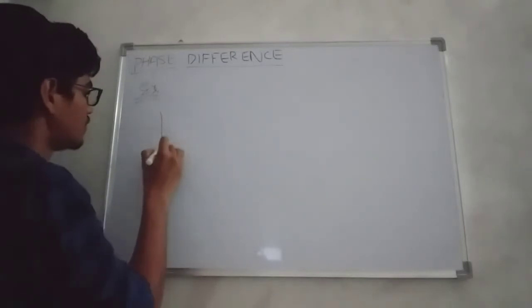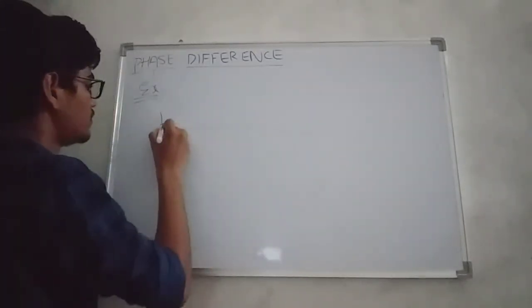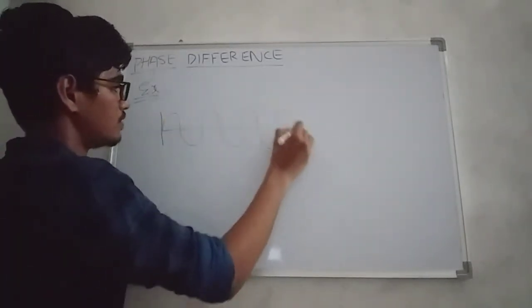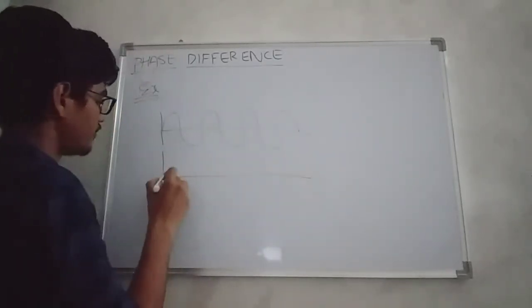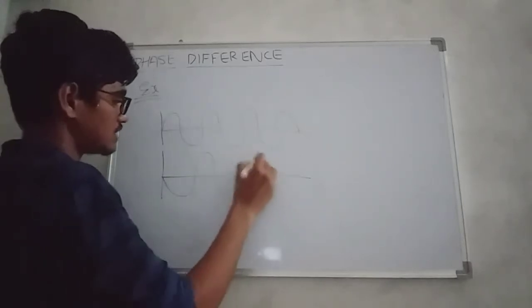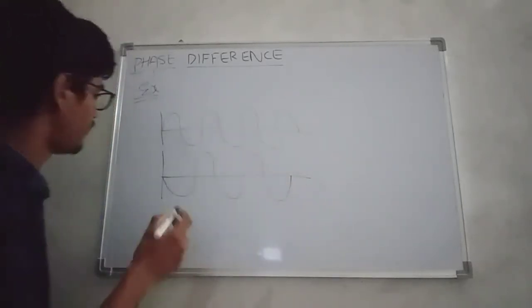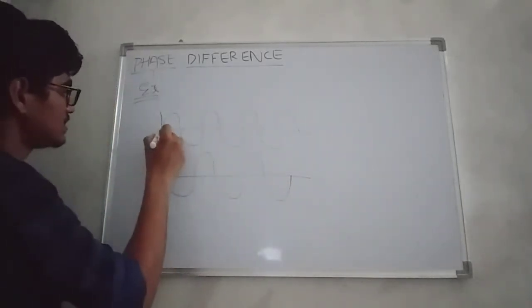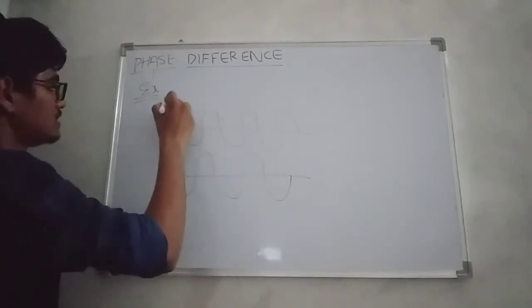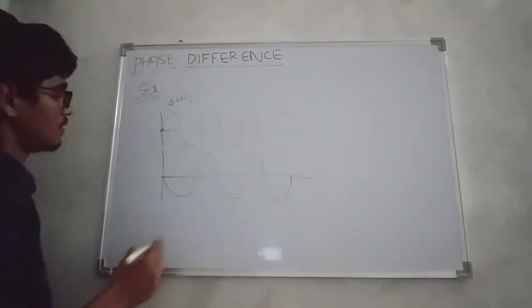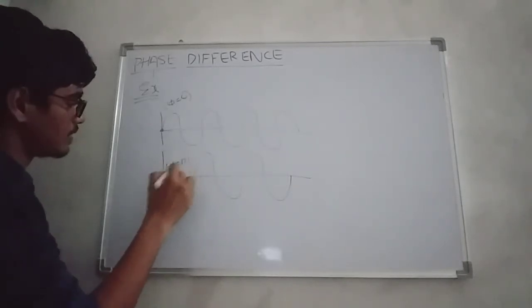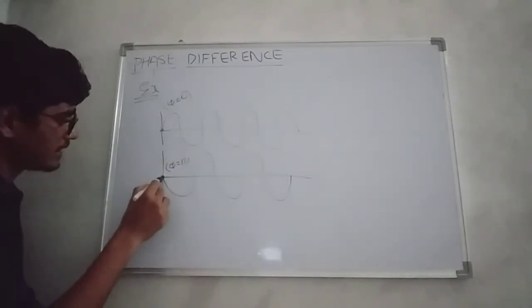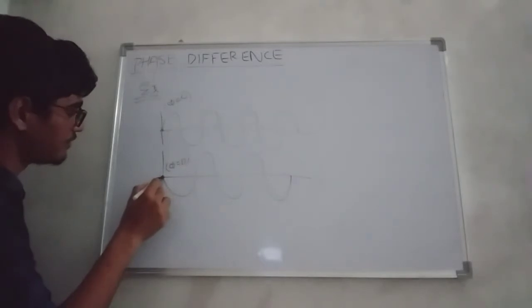I want to give another example. Again, consider a wave and consider second wave such that it starts from here. If you observe that the phase of this particle is 0, but here the phase becomes pi. That means the wave has started before.